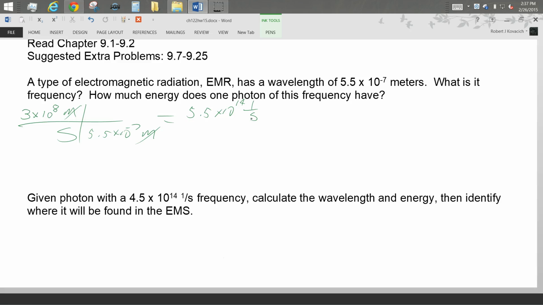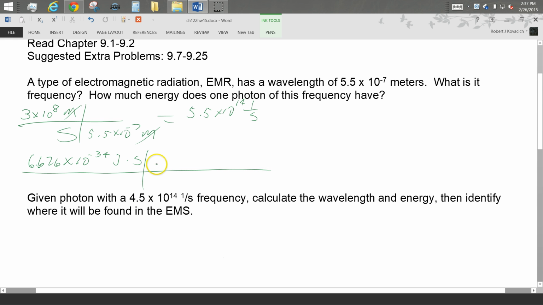Okay. So I want to calculate the energy now. So I need joules as an energy unit. So I'm going to use 6.626 times 10 to the negative 34th joules times seconds. I want to get rid of that seconds, so I'm going to use 3 times 10 to the 8th meters divided by seconds, so the second unit will cancel out.